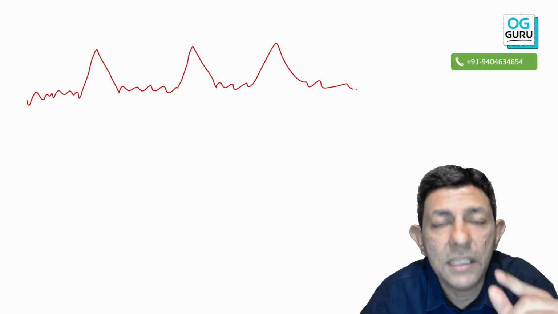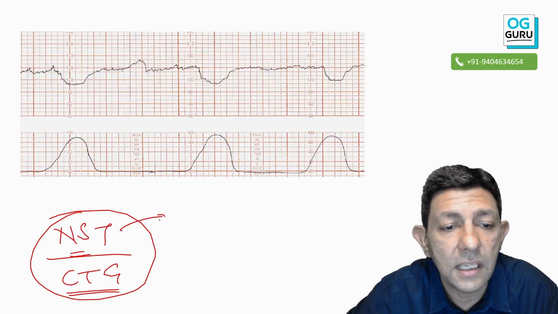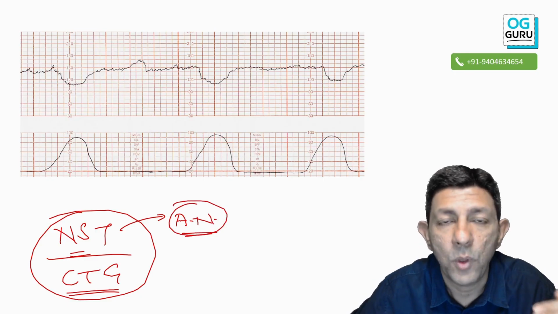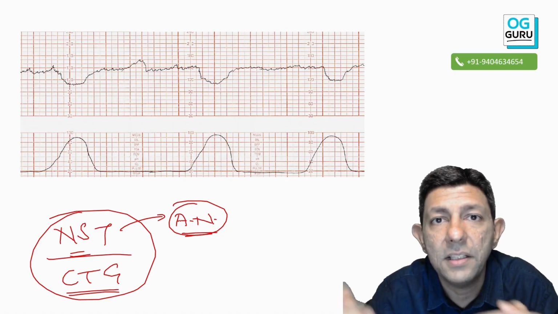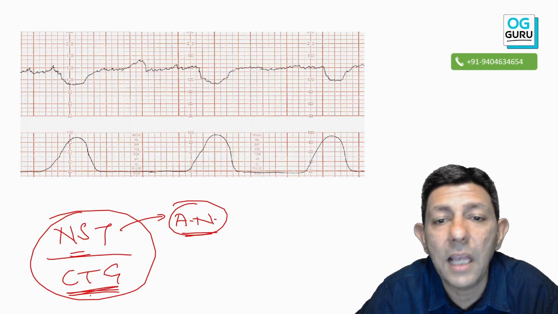So when I see a single image, NST, my dear student, the difference is, sir, NST is done in the antenatal period, when the lady is pregnant, 35, 36, 37, 38 weeks, before the labor starts. And what happens in CTG?